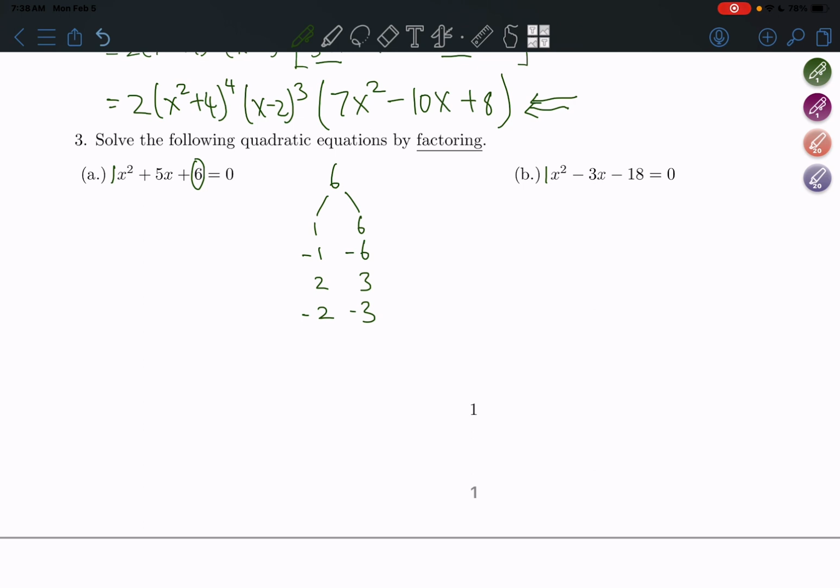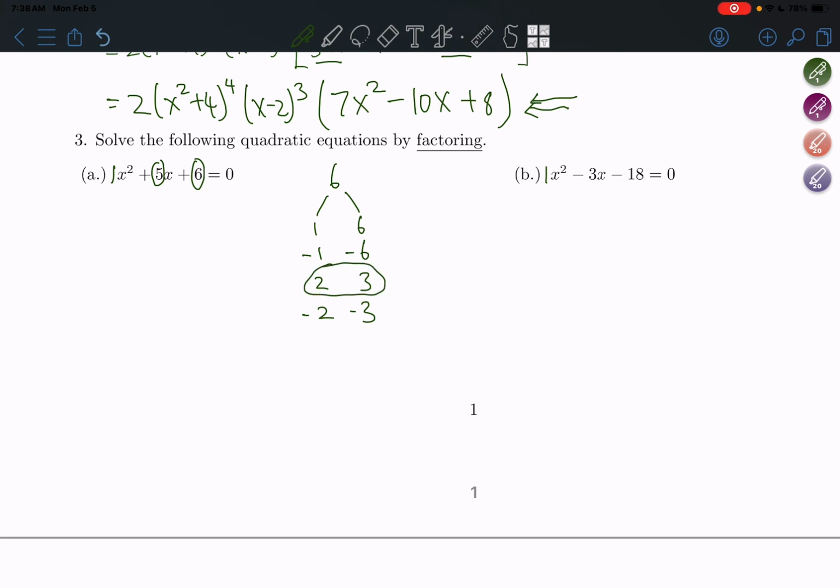That's very straightforward. And the question we're asking ourselves is, which pair of factors adds up to the number 5, the number that's multiplied to the x, to just 1x? Well, there's only one pair that adds up to 5, and that's this pair.